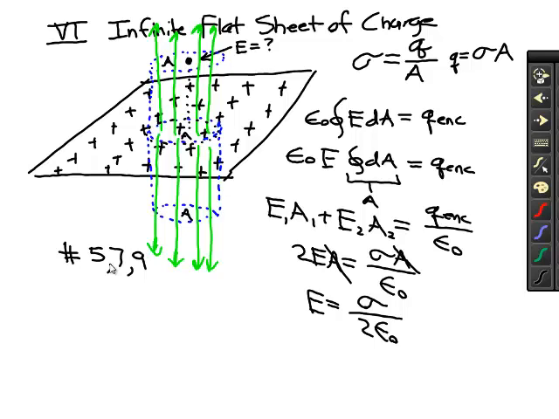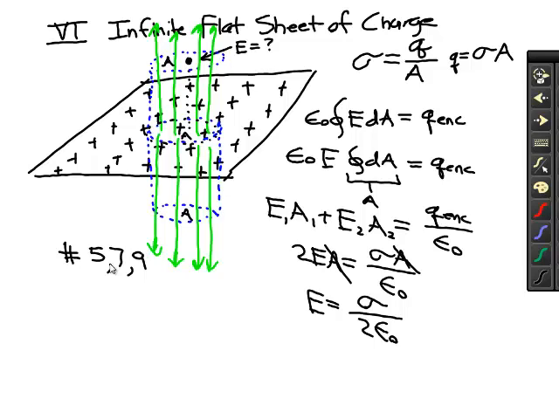And it doesn't matter whether you have a sphere around it or a cube around it. I believe it's 5 puts a cube around a charge. But how much flux is running into that cube? The same as for a sphere. And then they ask, how much flux through one face? If there's the same amount of flux going through each face, and there are 6 faces, you know what to do.